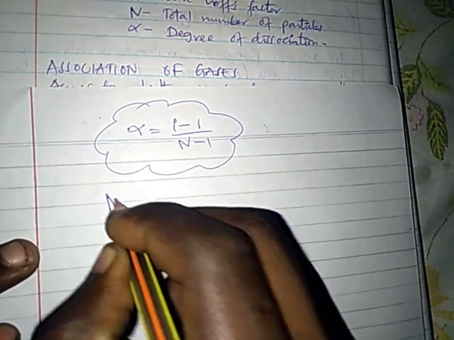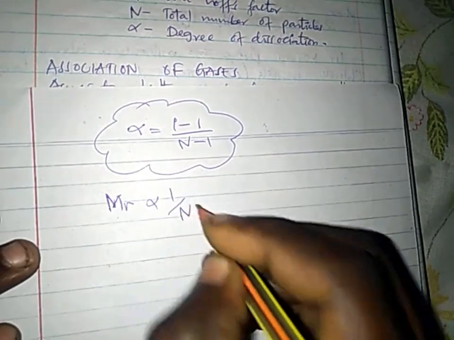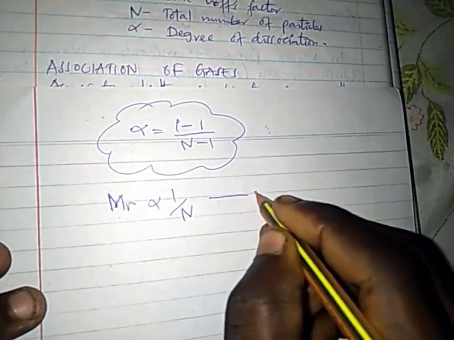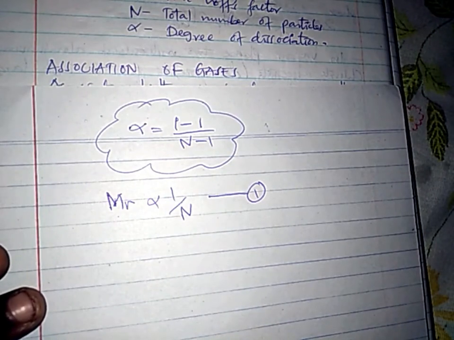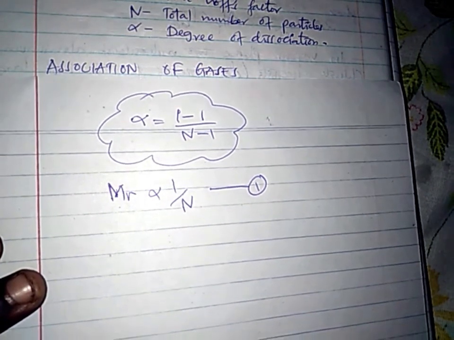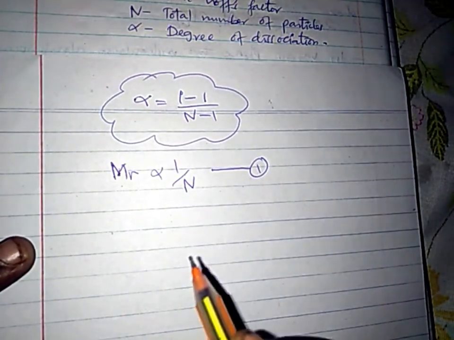Now, let's look at a simple concept. We say the molar mass is inversely proportional to the number of particles, and we called this equation 1 in previous sessions. If you have been following the previous sessions, we derived this from the dimerization equation.